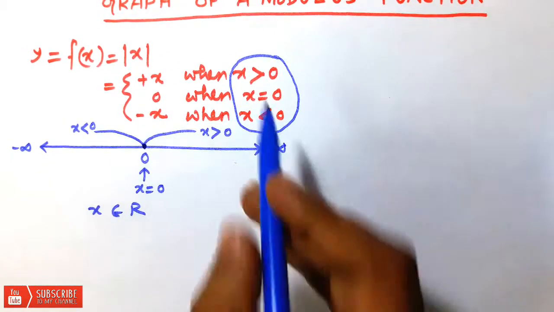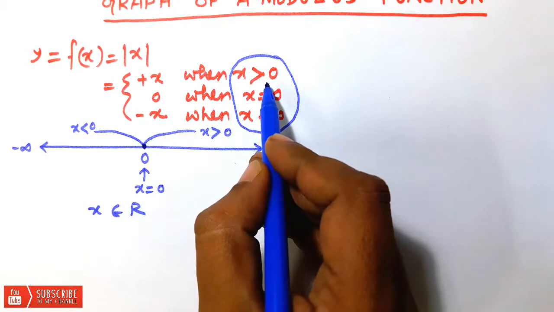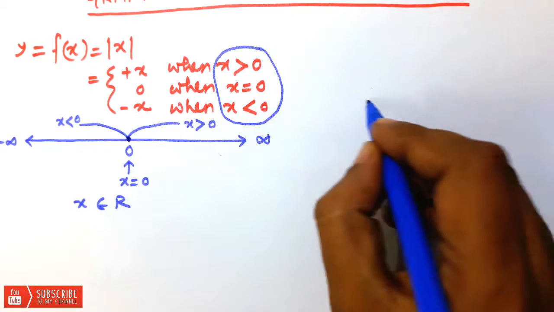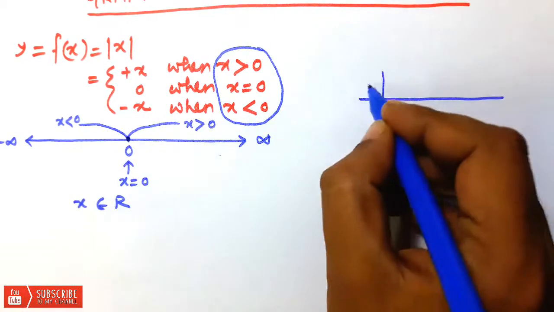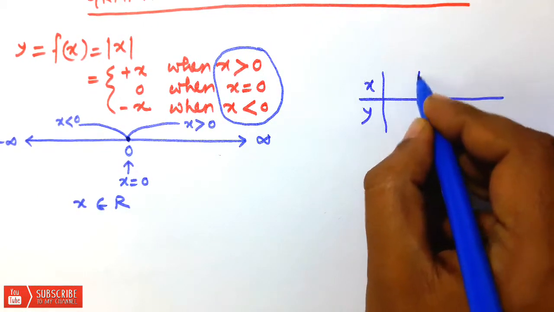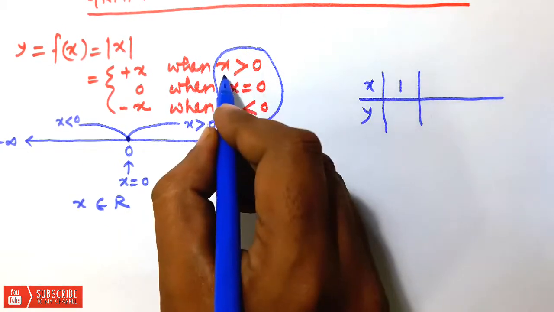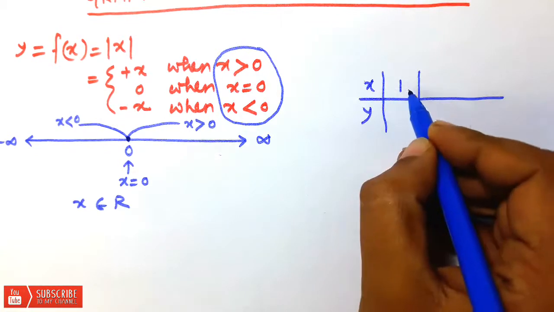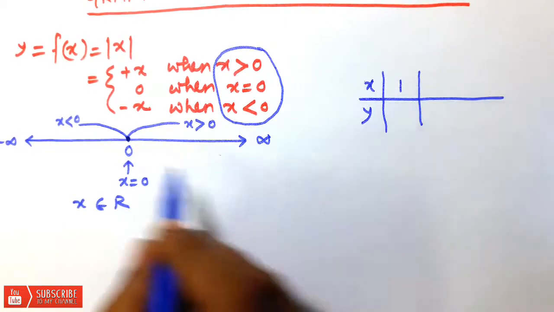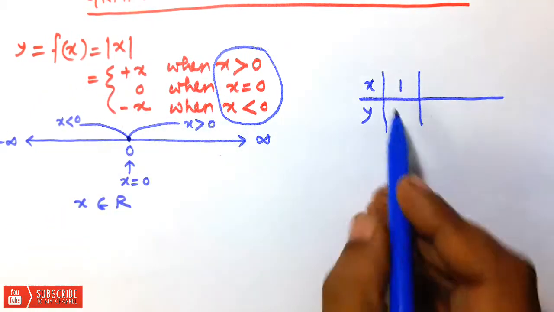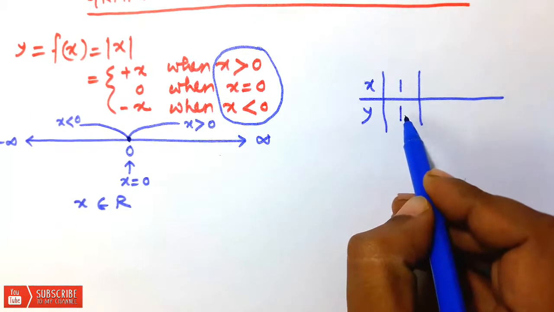Friends, when x is greater than 0, what will happen? We can take some points x, y. We consider x is equal to 1. 1 is more than 0. So since f(x), that is y, is equal to x, y will be 1.